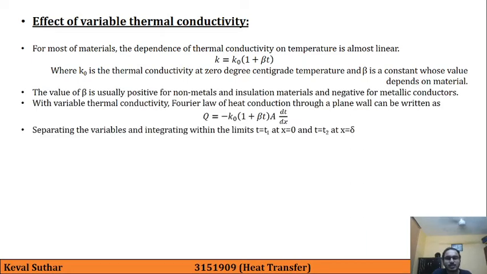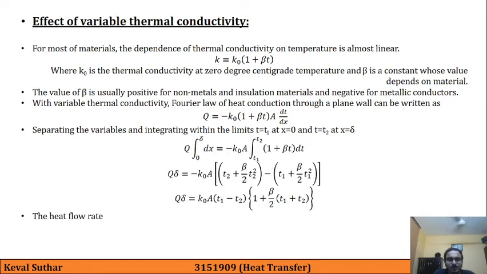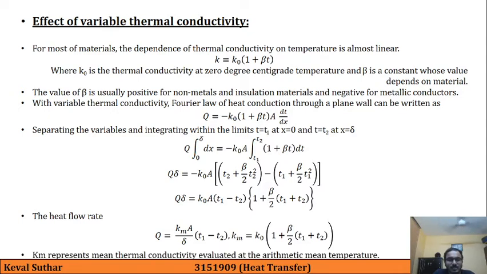Now beta can be positive or negative. First of all we tried to calculate the value of Q based on this equation, and we obtained the value of Q in this way, where km is the mean thermal conductivity evaluated at arithmetic mean temperature.